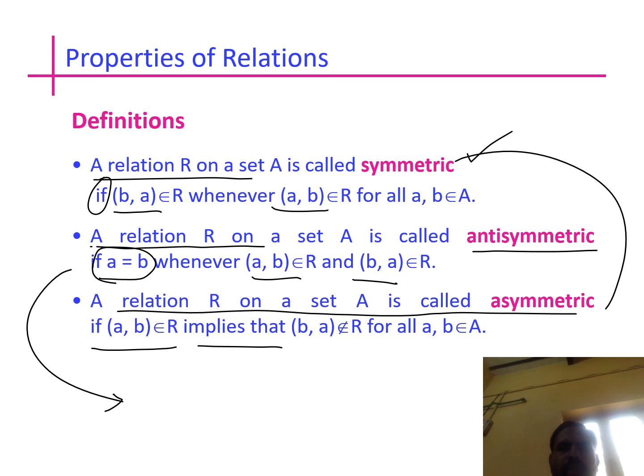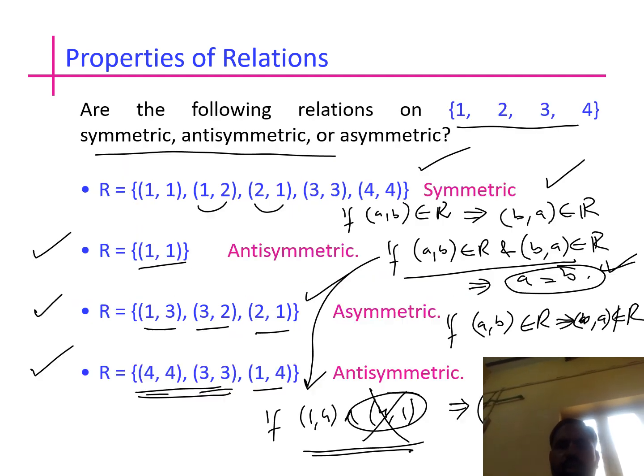A relation R on a set A is called symmetric if the ordered pair (b, a) belongs to R whenever (a, b) belongs to R. And a relation R on a set A is called antisymmetric if a equals b whenever (a, b) belongs to R and (b, a) belongs to R. And a relation R on a set A is called asymmetric if (a, b) belongs to R implies that (b, a) doesn't belong to R, for all a, b belonging to A.